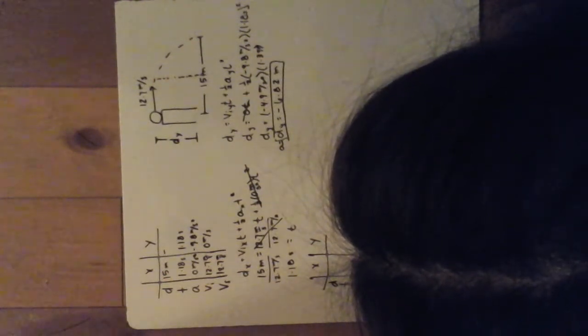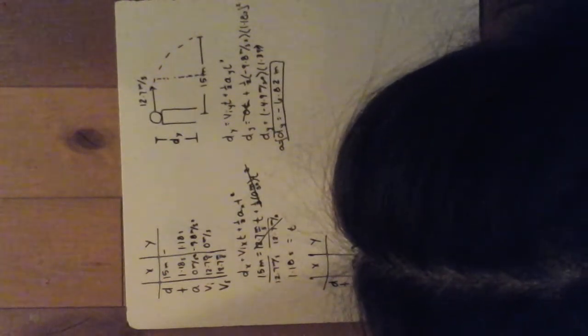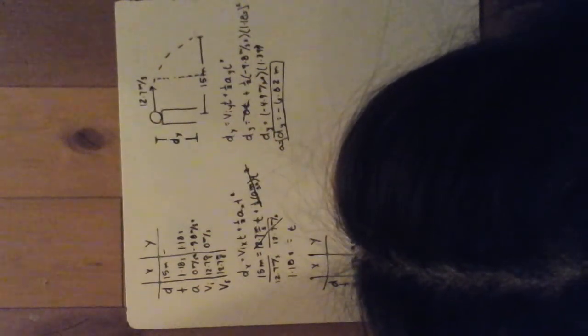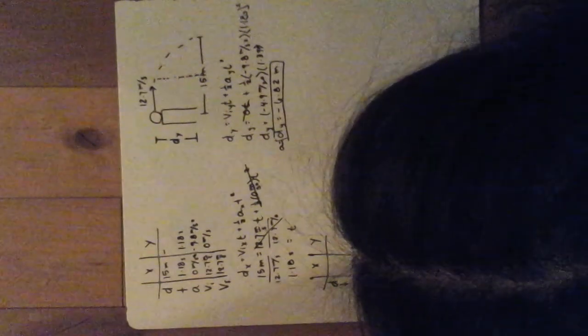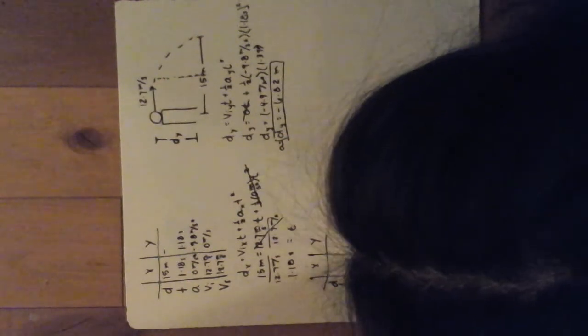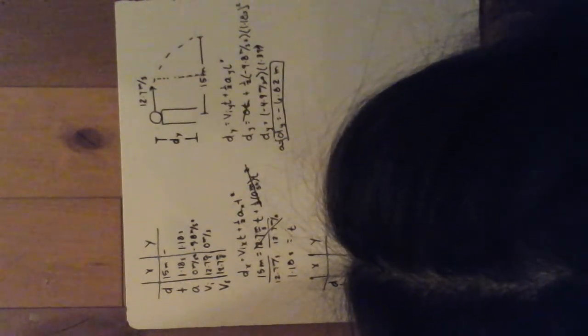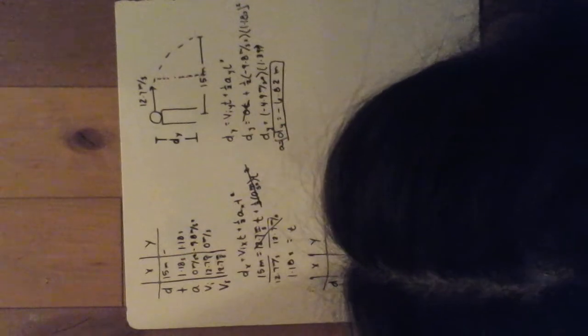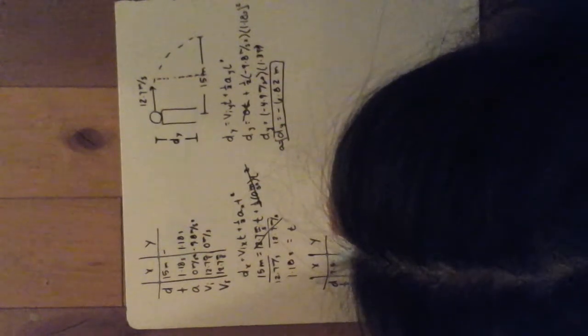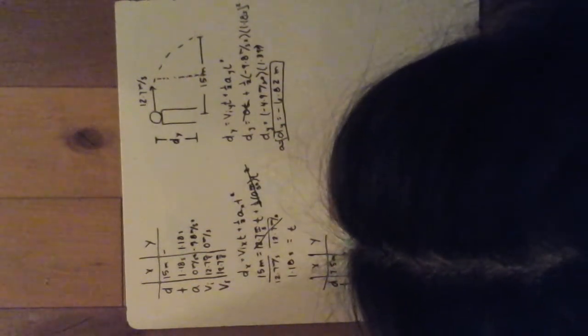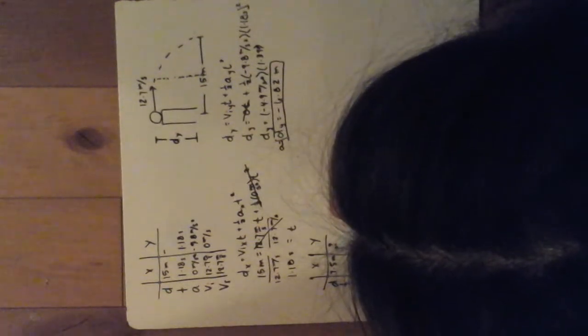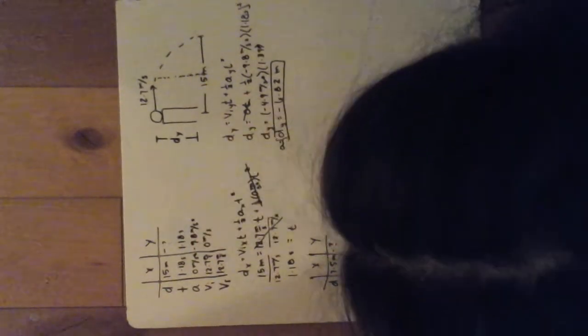Acceleration, always the same. The initial velocity, still the same. Everything here is going to be the same, other than it's now going to be 7.5 meters for the x distance. And we're going to, again, find dy.